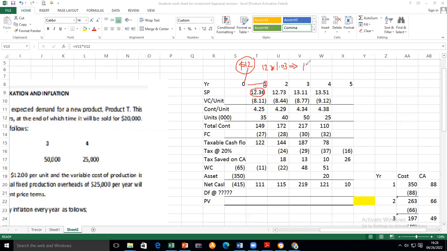So 12.36 is your answer. Again, you multiply by the same 1.03. What do you get? 12.73.